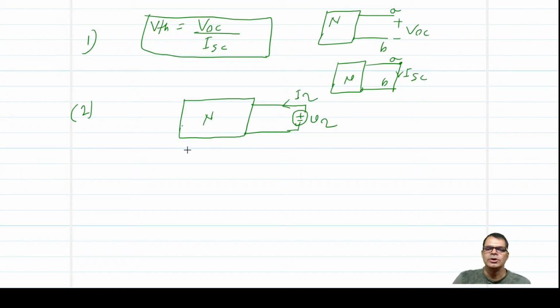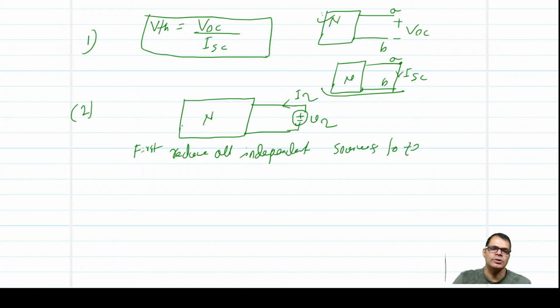In this case nothing has to be done, that is, don't reduce the voltage to 0. But in this case, first reduce all independent sources to 0. That means ideal voltage source short, ideal current source open, because infinity impedance.